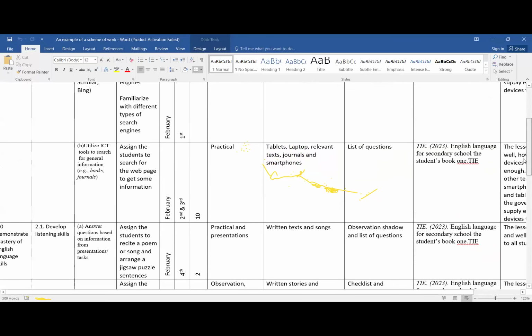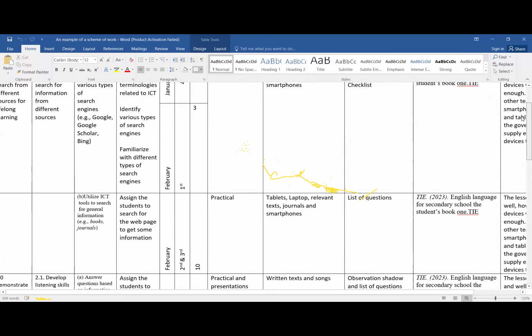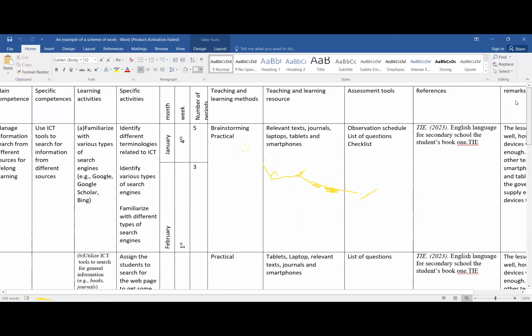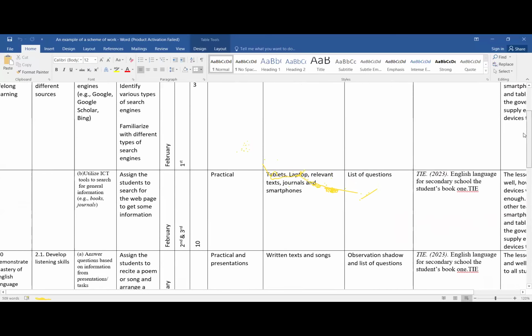Thank you very much. So this is what I designed after attending the workshop. For example, utilizing ICT tools to search for general information, that is competence learning activity number 2. Once you go to the specific activities, you have to use an action verb.